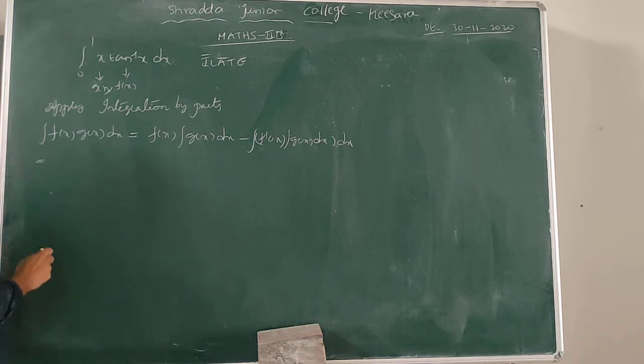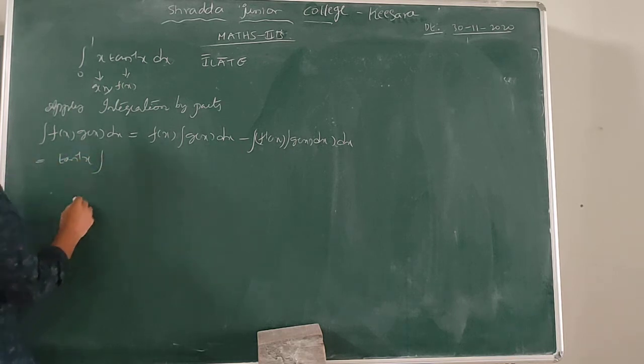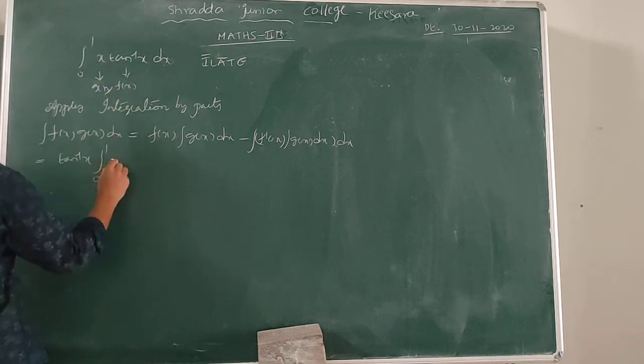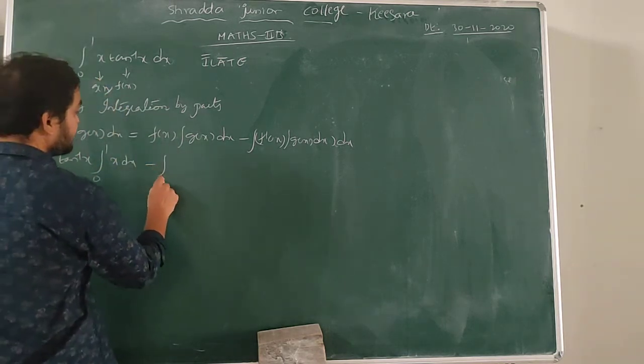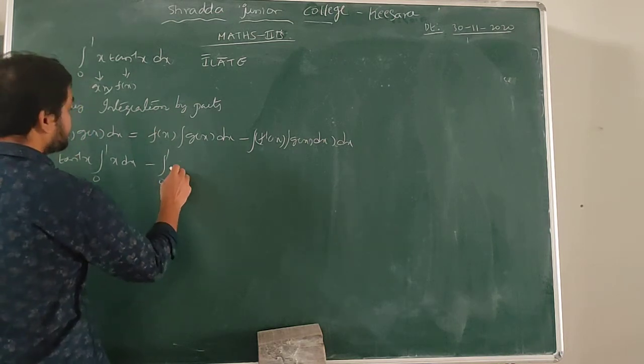Now see, what is f of x here? By comparing, tan inverse x. Integration g of x dx means x dx, minus integration 0 to 1 f dash of x.